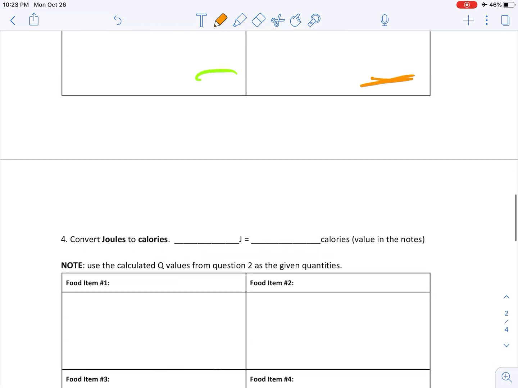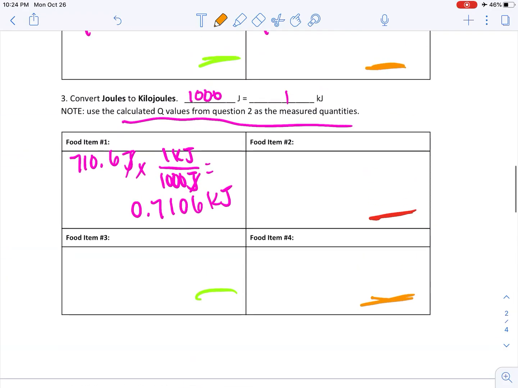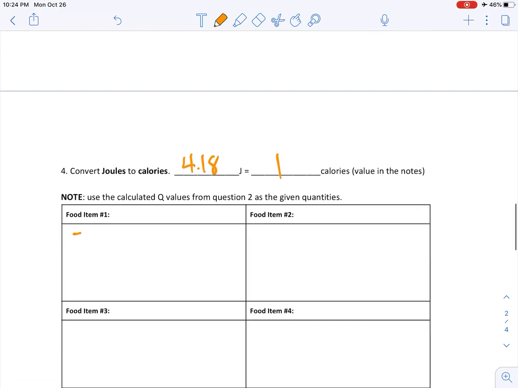Okay? Then you're going to convert joules to calories. So there are 4.18 joules in every 1 calorie. That value is in the notes. Use the calculated Q values from question 2 as the given quantities. So going back here, 710.6 is where we start. And we're going to convert to calories.